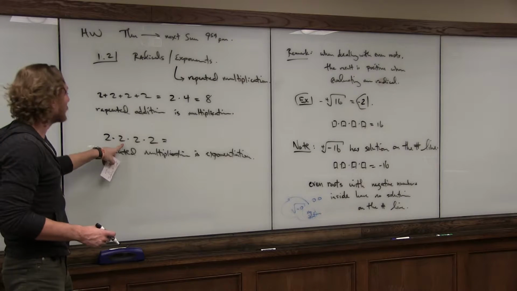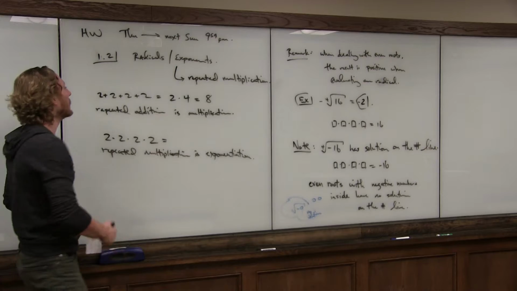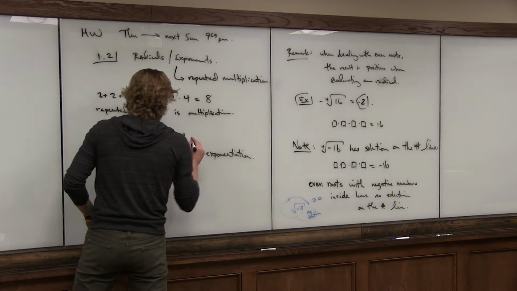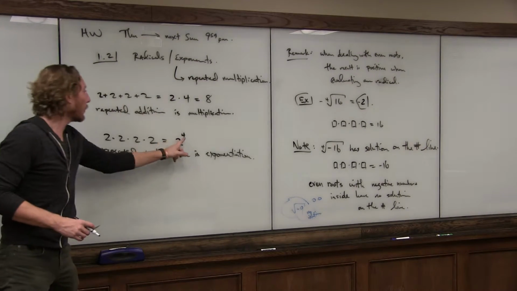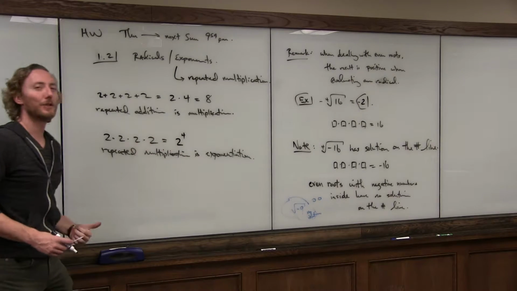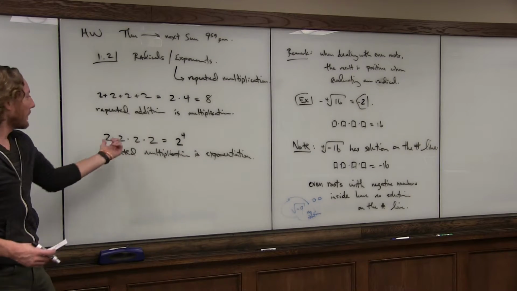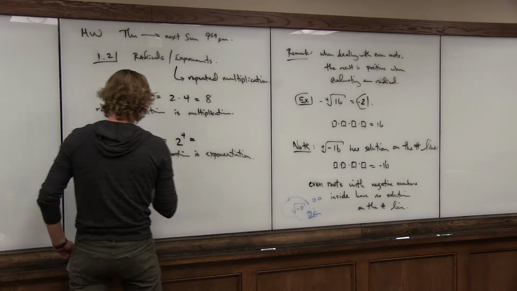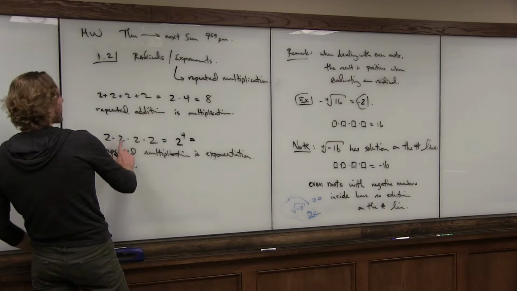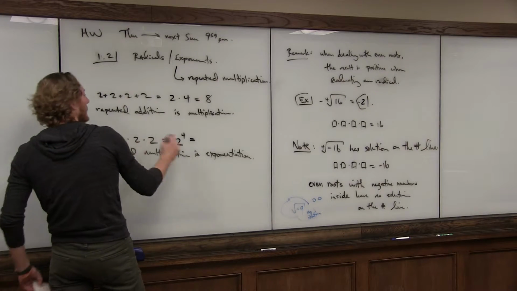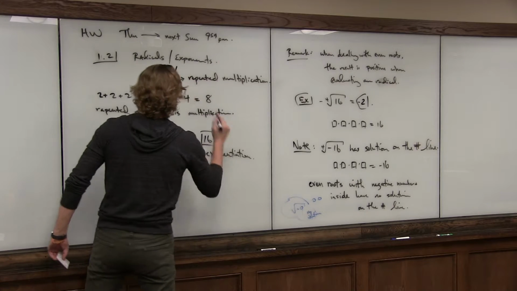How would we express 2 times 2 times 2 times 2? We write this as 2 with a little 4 above it. The little 4 denotes that you're going to take that 2 and multiply it by itself a total of 4 times. Which in this case, 2 times 2 is 4, times 2 again is 8, times 2 again is 16.